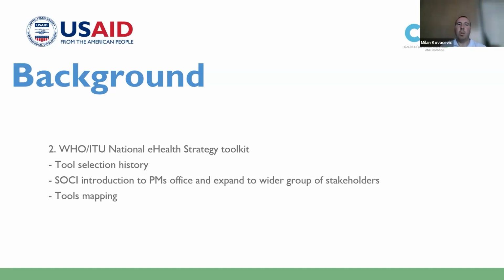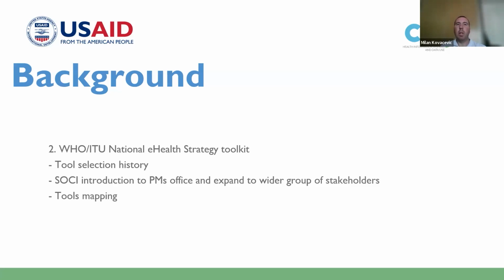Since the WHO tool was already selected, the hardest part of the job was explaining and introducing people to what the SOCI tool is and what benefits we can have in Serbia. We were also helped in this step by our CISU colleague Derek, who did the tool mapping and showed that WHO and SOCI tools are quite similar.